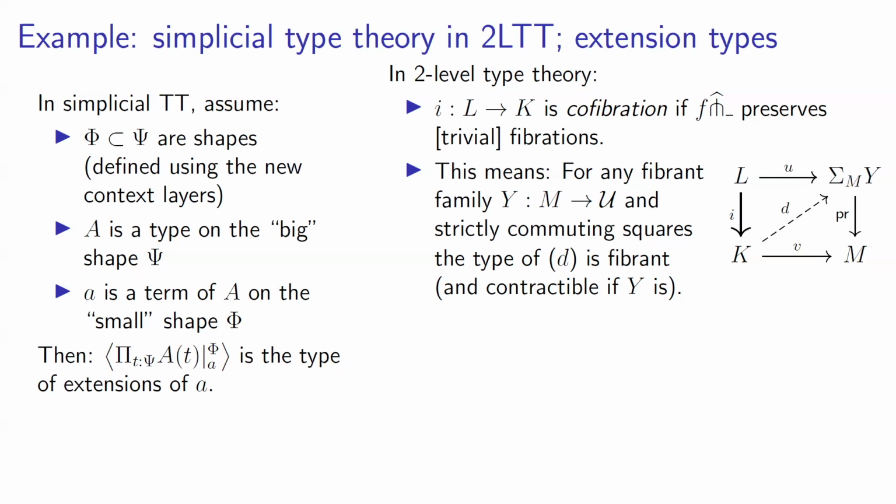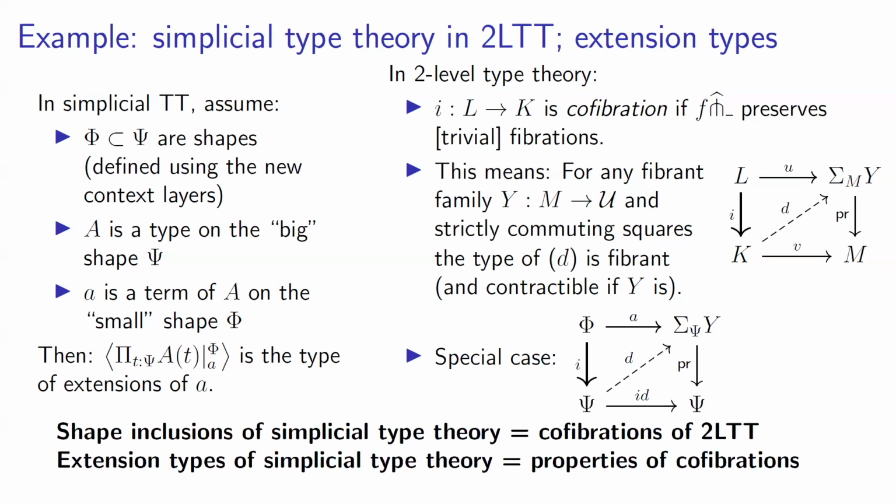So again, it can be considered as something which comes from the theory of interest, while all the rest outside comes from the auxiliary language, which is the outer theory. Okay, so now if you take a special case of this, where L and K are these shapes, the shape inclusion, and the bottom map is just the identity, then you recover exactly this case of an extension type in the real Schulman sense.